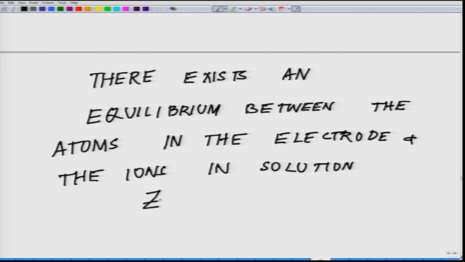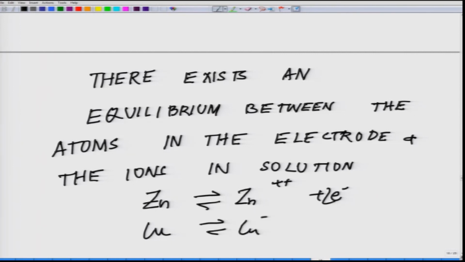So here is zinc giving Zn2+ plus 2 electrons, whereas copper sitting here gives Cu2+ plus 2 electrons.